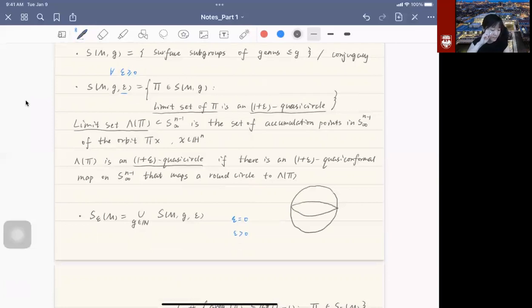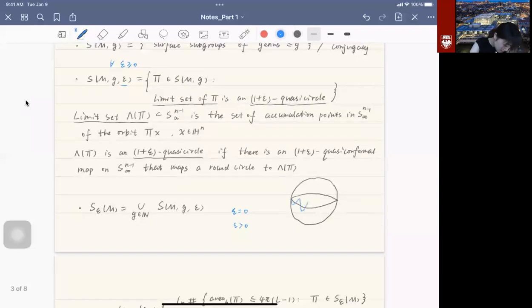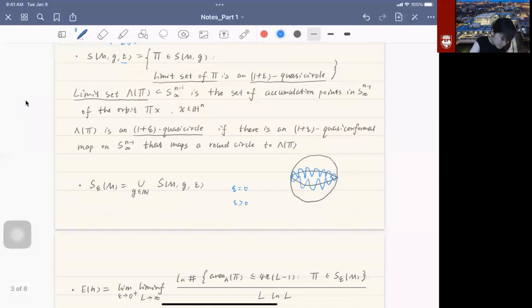In this talk, we always assume epsilon is a sufficiently small positive number. So in that case, a 1 plus epsilon quasi-circle can be like this. It can be pretty weird, since it has more perturbation from the round circle. This is a 1 plus epsilon quasi-circle.